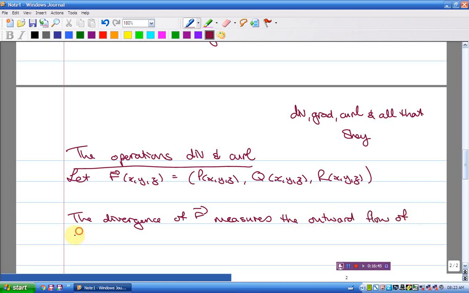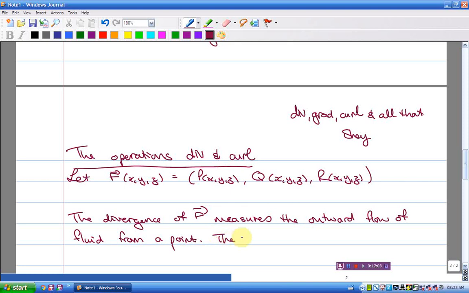We're not going to see this for a little while, but div is going to be related to flux, because it's to do with the outward flow of fluid from a point.